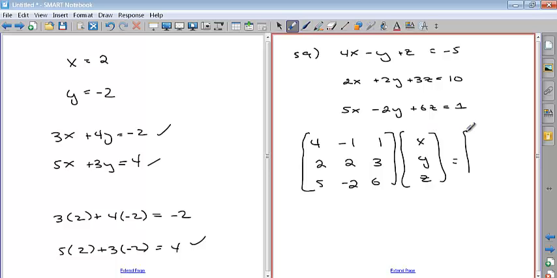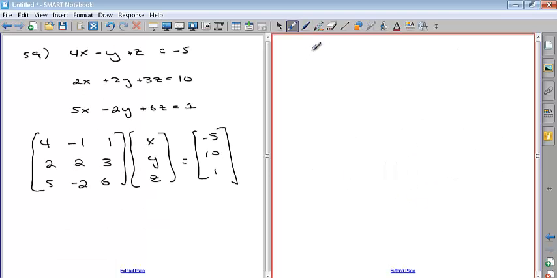This is my constant matrix. Like that. So the whole idea is I'm going to take the inverse of that, and I'm going to multiply by the inverse of that. The inverse of that times that will give me the solution. So I could use my calculator, but I'm not going to wimp out here.